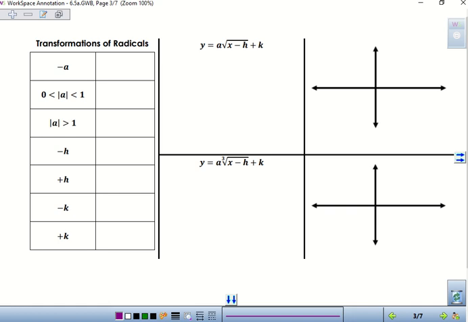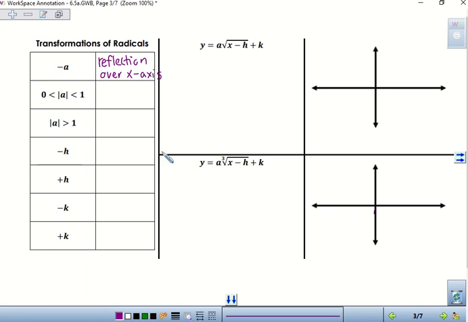So when your A is negative, that's a reflection over the x-axis. Now, not only does A determine reflections, but A also deals with vertical stretch and vertical compression, right?